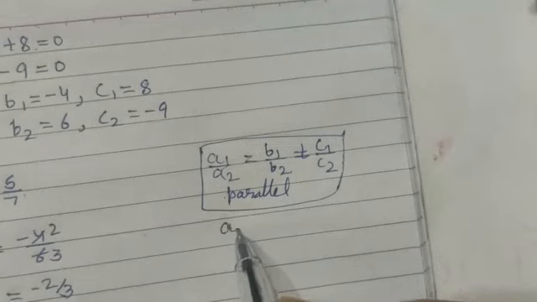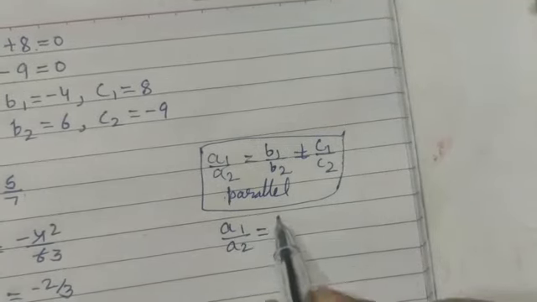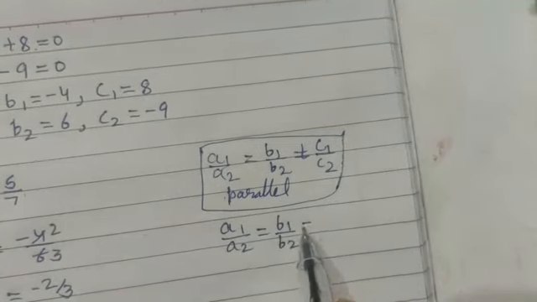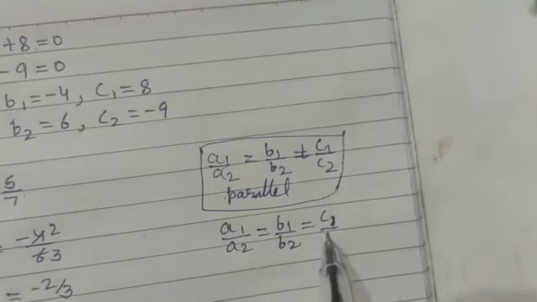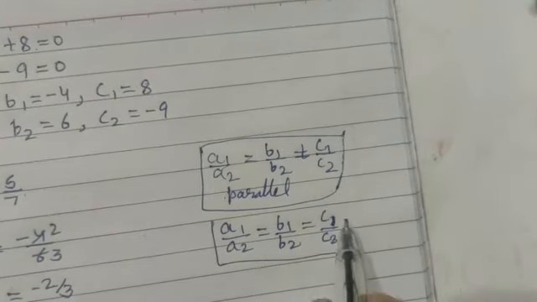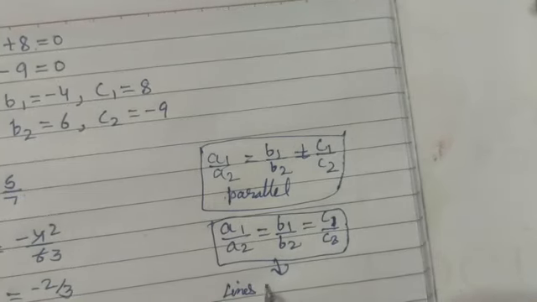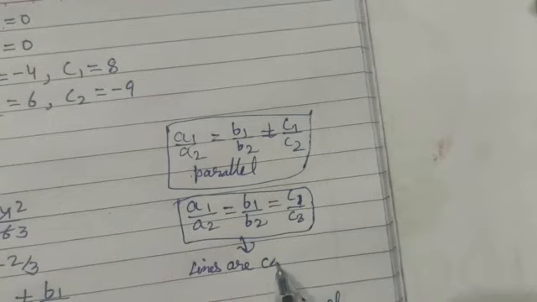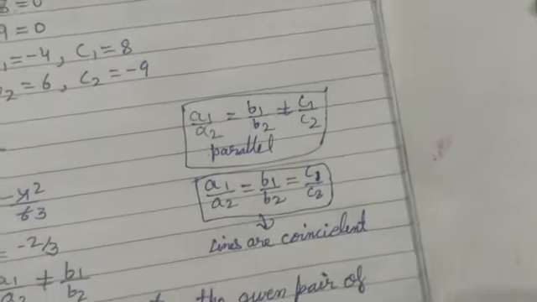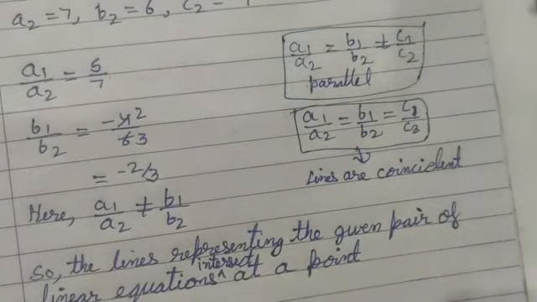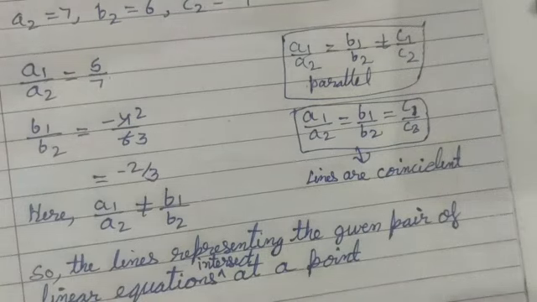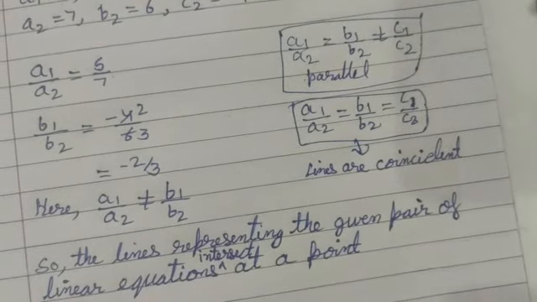Now if we get a1 upon a2 equal to b1 upon b2 equal to c1 upon c2, then the lines are coincident. So we have to find the ratios and then see whether the ratios are equal or not, and then we can find out whether they are intersecting lines, parallel lines or coincident lines.